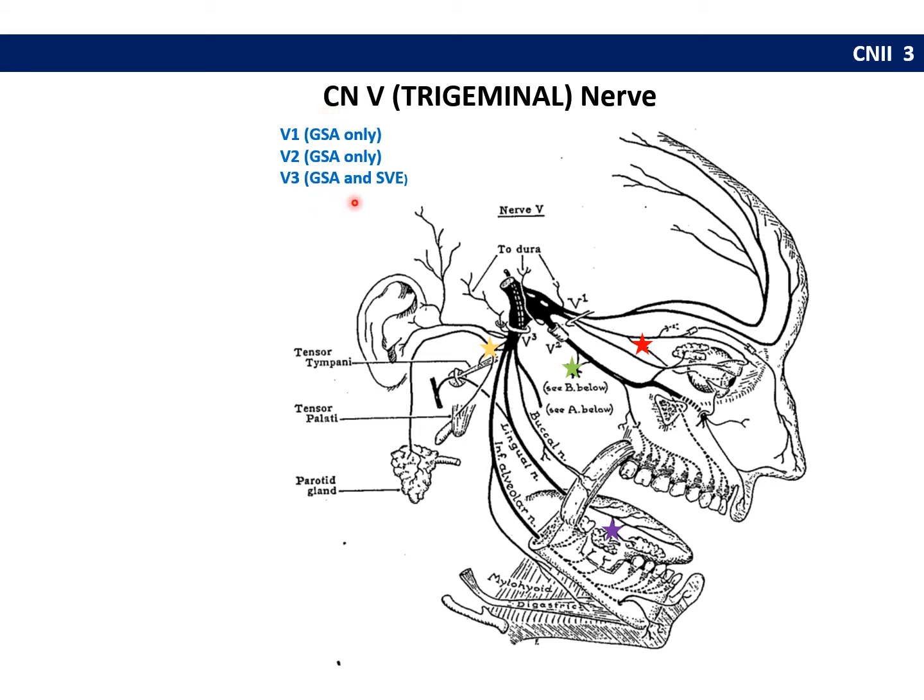And then the 3rd division, the mandibular division, has SVE fibers that innervate our muscles of mastication, for example. And so those motor fibers that are these SVE fibers are only found in V3.